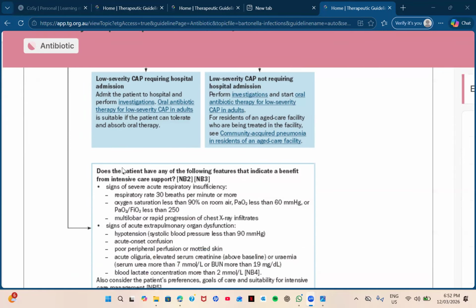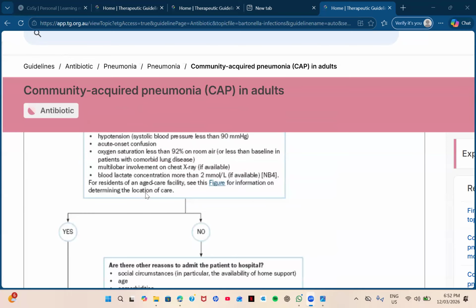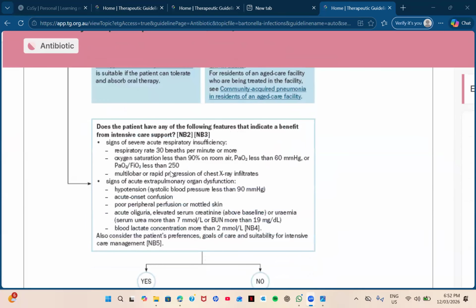If the patient is hemodynamically unstable, then you have to consider something else: does the patient have any of the following features that indicate benefit of an intensive care unit? We have to consider whether the patient needs ICU support. Signs of severe acute respiratory insufficiency: respiratory rate 30 or more, saturation less than 90, multilobar involvement or rapid progression of infiltrate on chest X-ray.